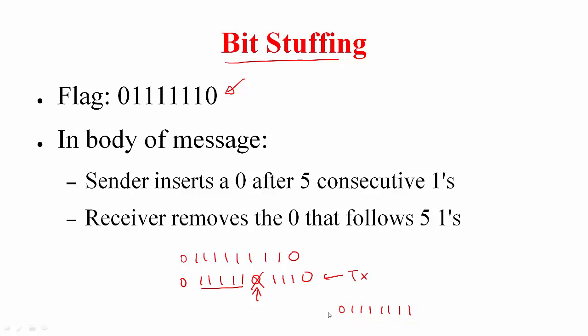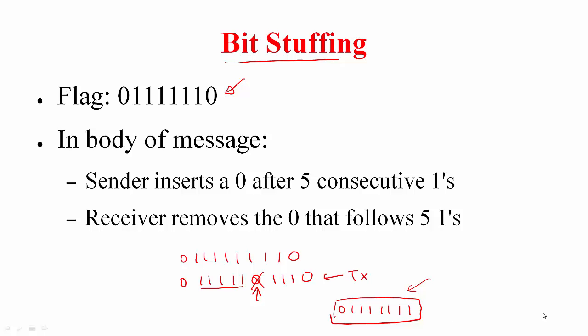Now here is a question for you. What do you think the receiver should conclude when it sees this pattern as part of the bit stream that it is receiving? That's right, it has to conclude that an error has happened, because this cannot be part of the payload. 5 ones should be followed by 0 if it were part of the payload, and this is not even a flag. So something has gone wrong.